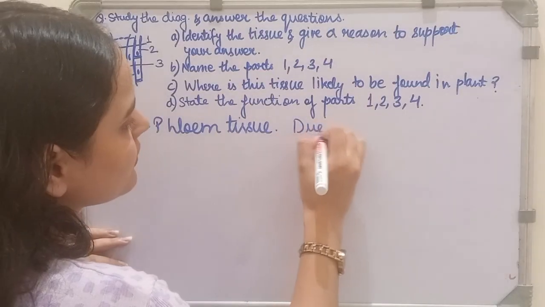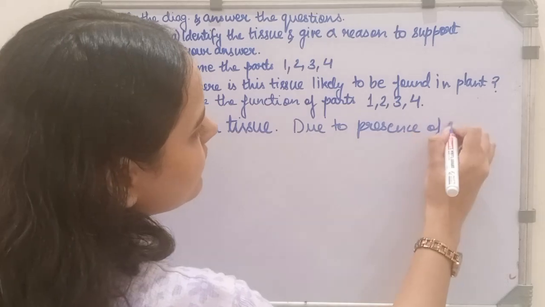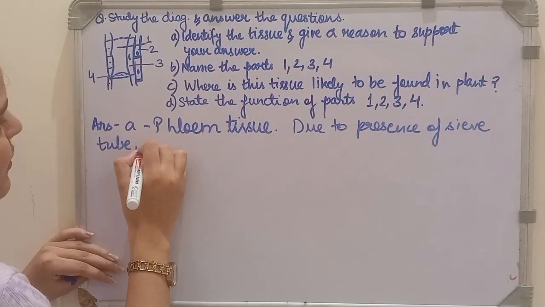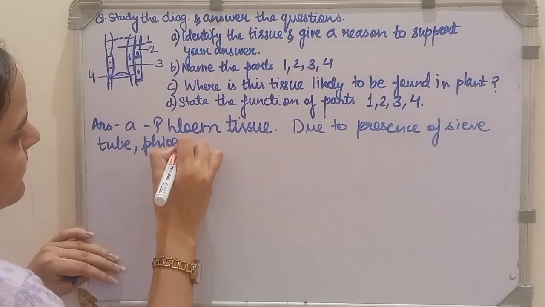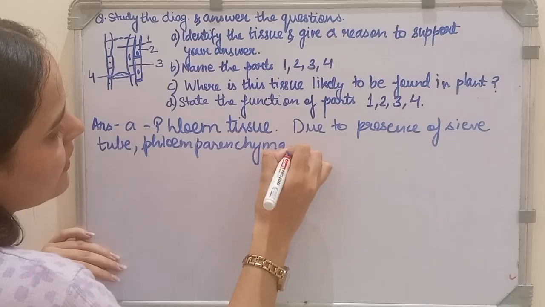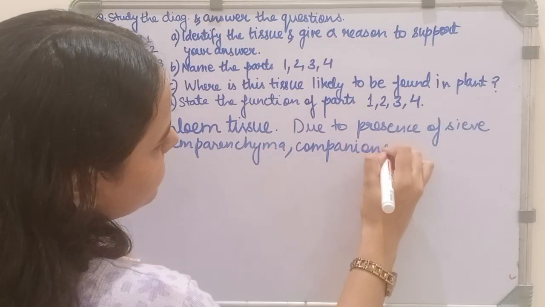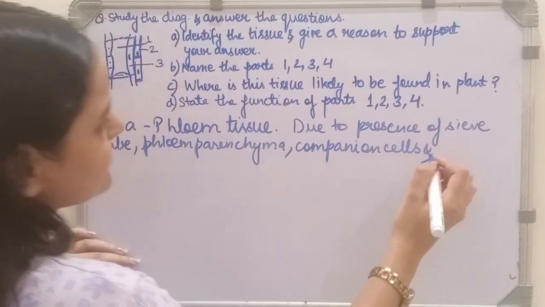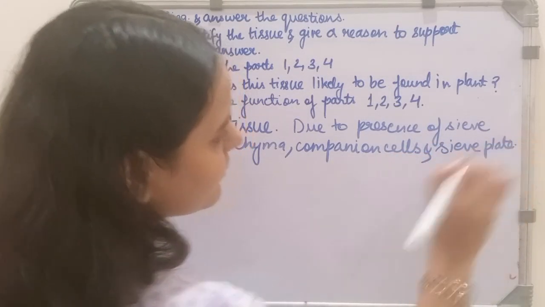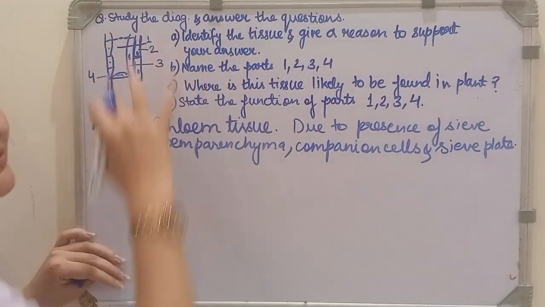Due to presence of sieve tube, phloem parenchyma, companion cells, and sieve plate. Okay, because of the presence of these elements, we can clearly say that it is a phloem tissue.